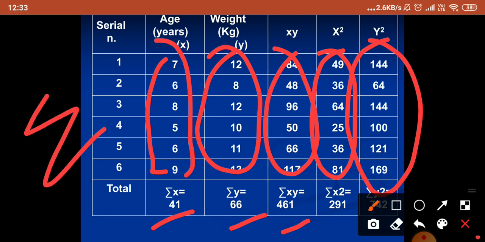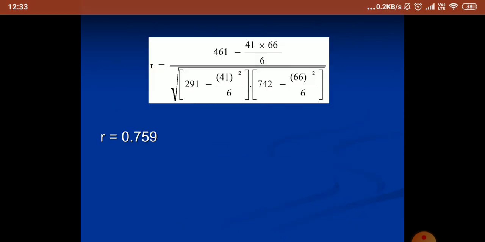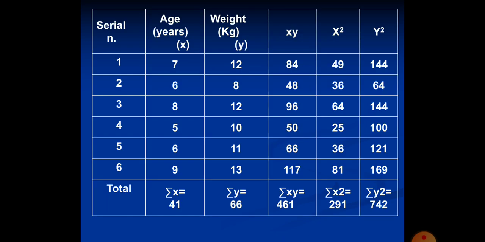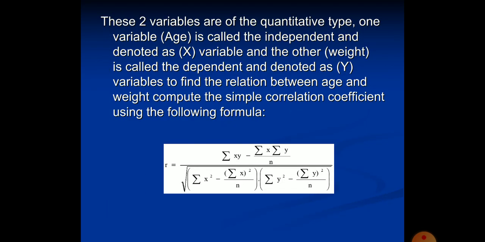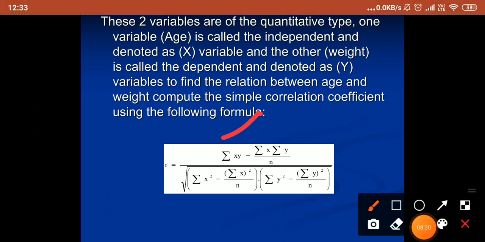Sigma is this symbol, this is sigma. So we calculate all the values. Now what we have to do, we have to put all these values in the formula. So what was the formula? So we come to the formula. This was the formula, where what we need is sigma x square, sigma x, sigma y, sigma x whole square, sigma y square, sigma y whole square. And what is n? n means how many quantities you have.